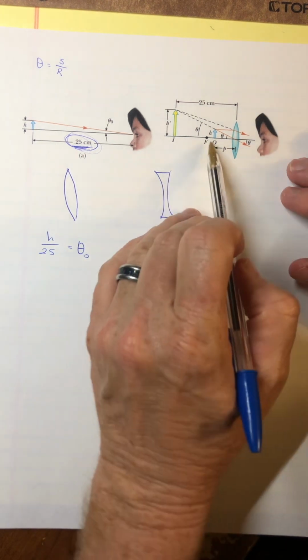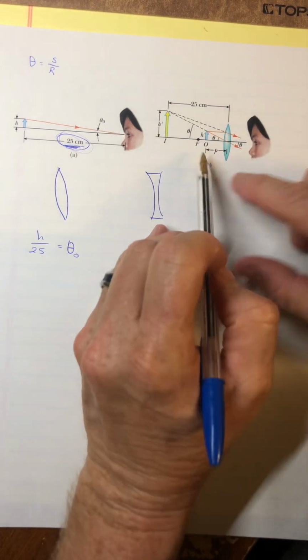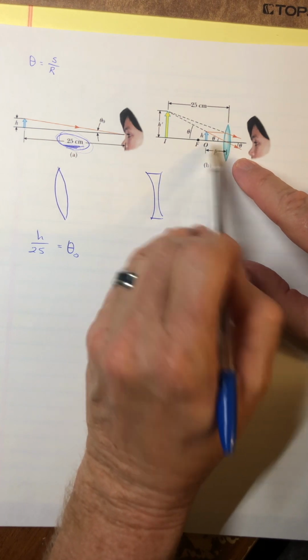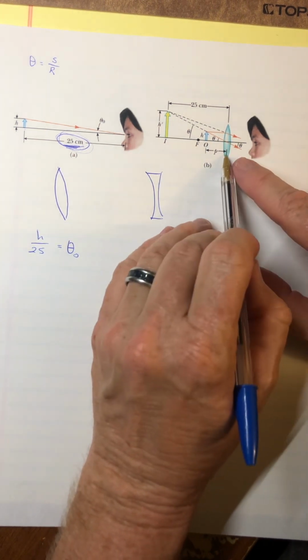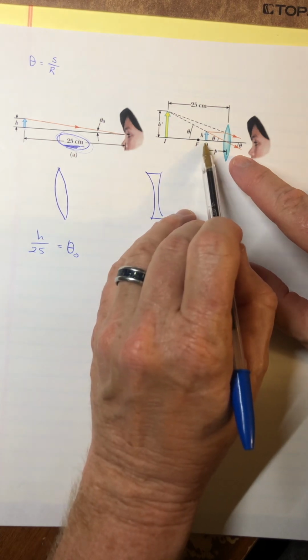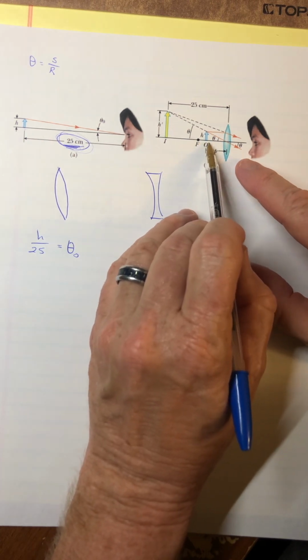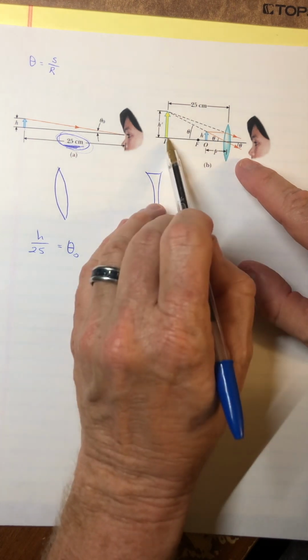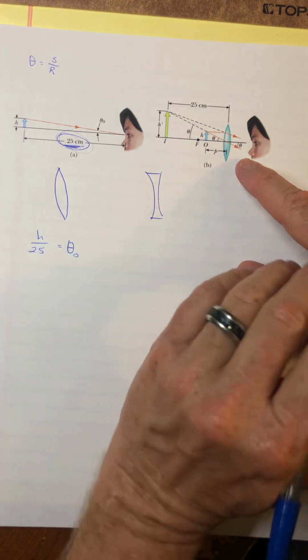Now, this picture is showing what would happen if you then put a magnifying glass in front of it. And so we set it at a point that's kind of close to the focal length, but it's got to be a little closer than the focal length, because that's going to make an enlarged image.